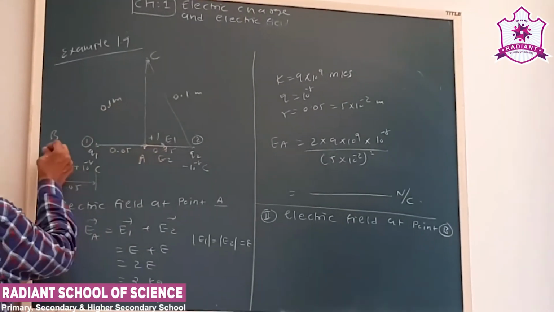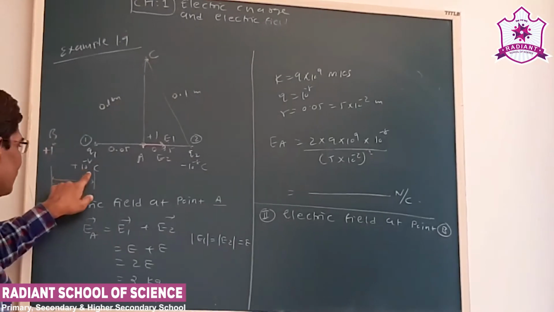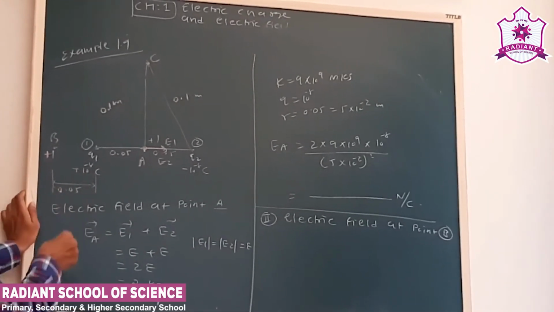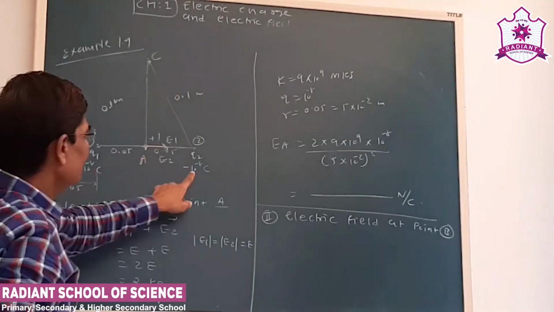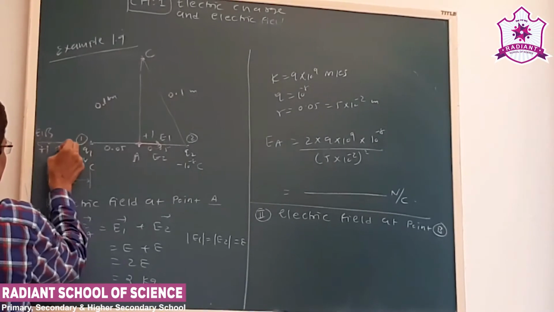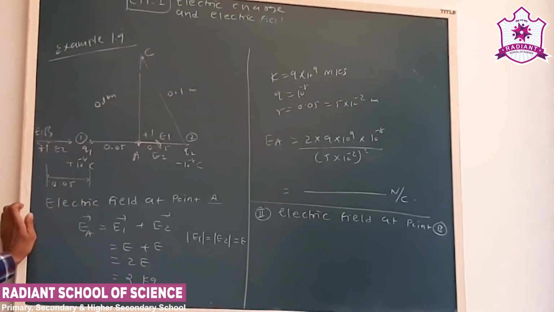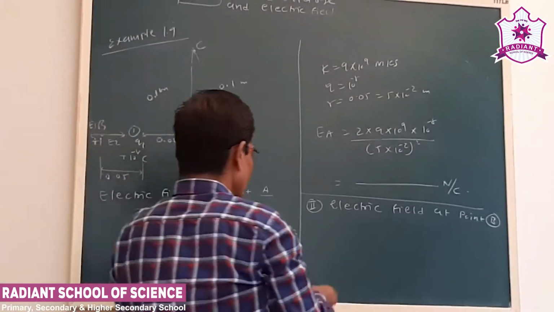Here also we have to find out the force acting on a unit positive charge. This is a plus charge and this is a plus charge, so there will be a repulsive force. So this will be E1, and between the minus charge and a plus charge, there will be attraction. Now at point B, E1 and E2 are in opposite directions. So E is equal to E1 minus E2.